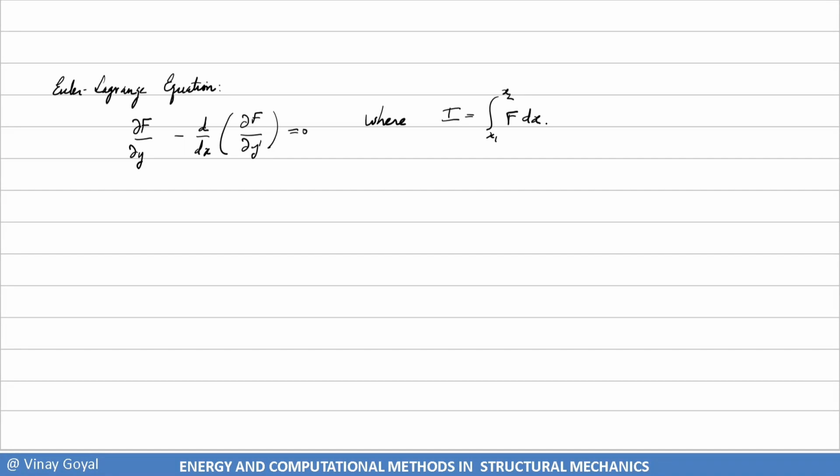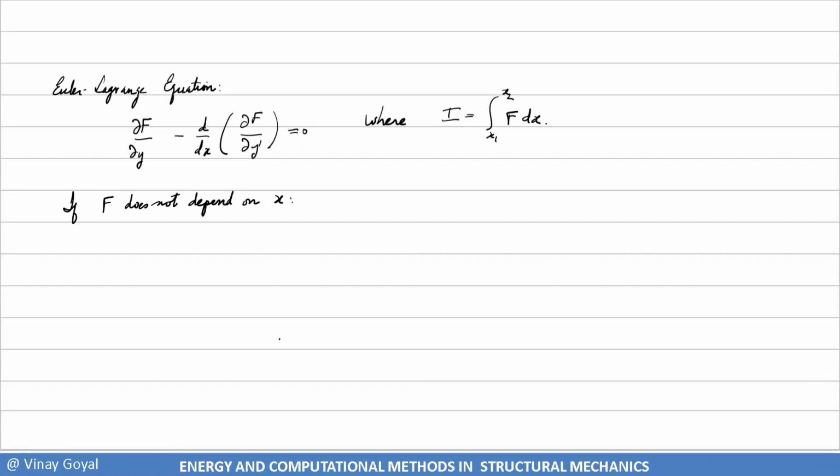But there are situations where f does not depend on x at all. So there's no x there. So if f does not depend on x, there's a little trick, and the trick is to multiply both sides by y prime.